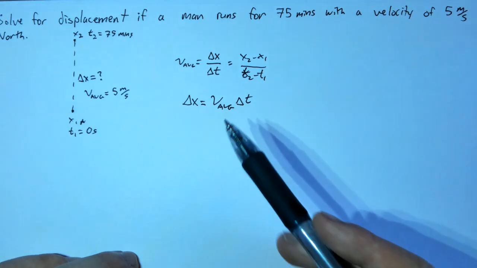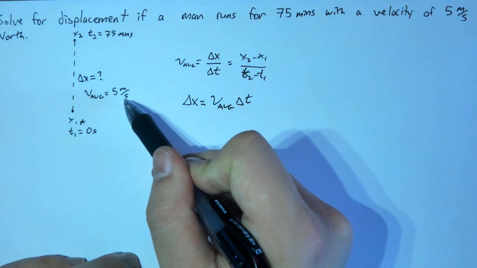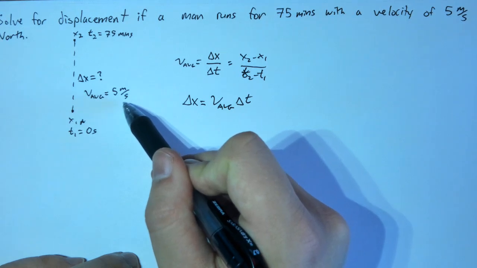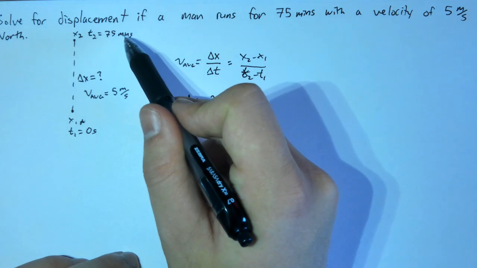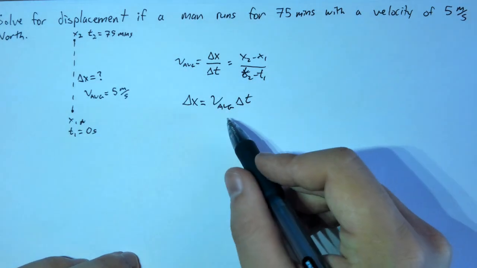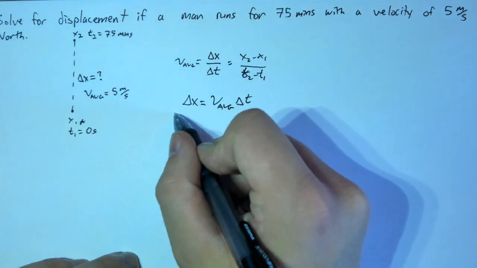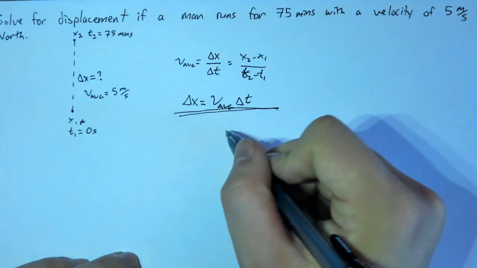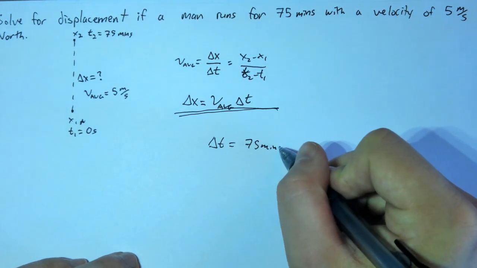Before we do so, notice that this is in meters per second, so we have a time unit of seconds, and here we have a time unit of minutes. And we need these to be the same. So I'm going to convert the time to seconds before we solve this problem. So delta t is equal to 75 minutes.